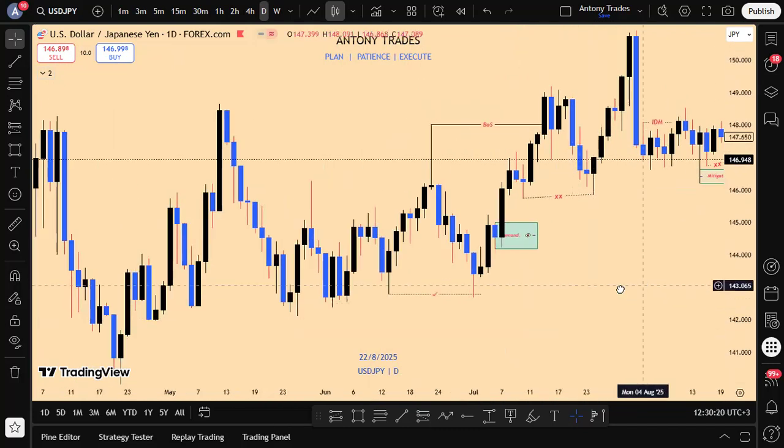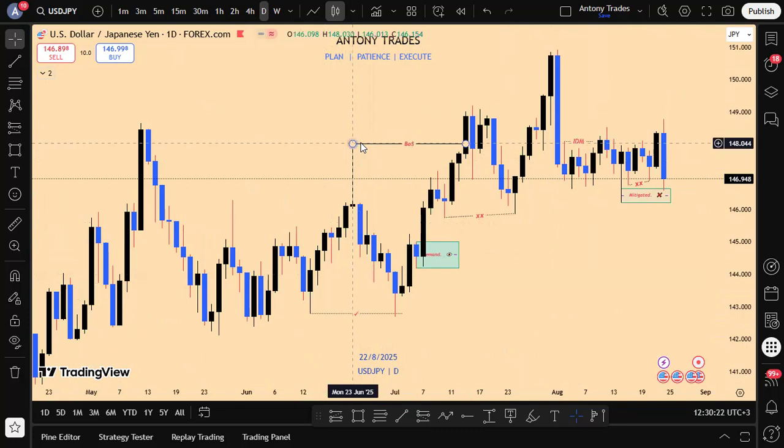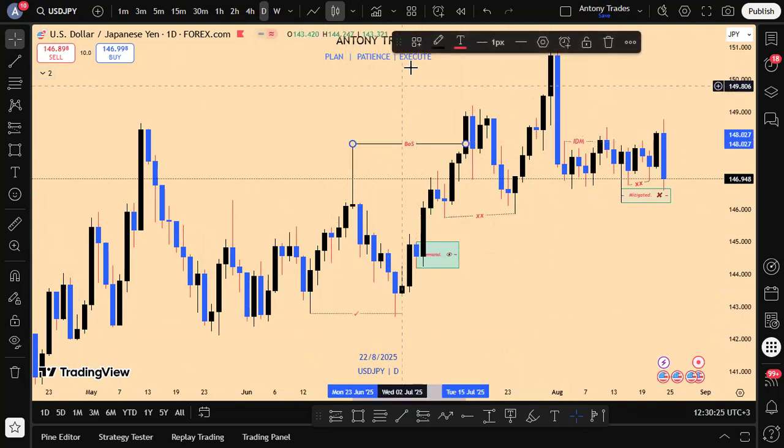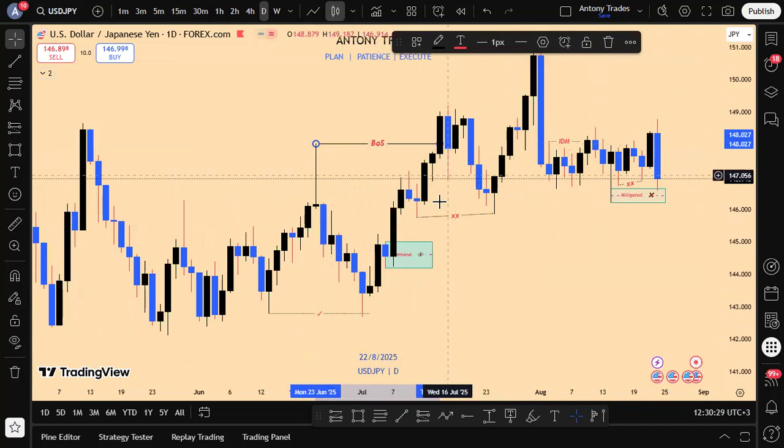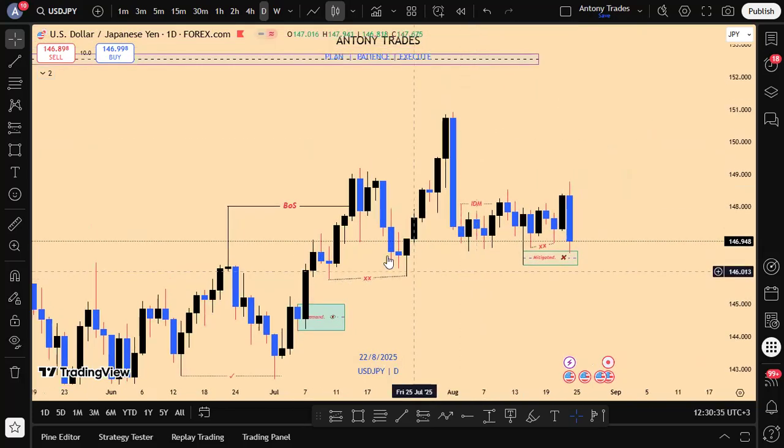Now you can see here we had a break of structure. This break of structure is a valid break of structure because they swept this low before going and breaking this high. After that, you can see here we had another break of structure at this point. But from what we have learned, is this a valid break of structure?